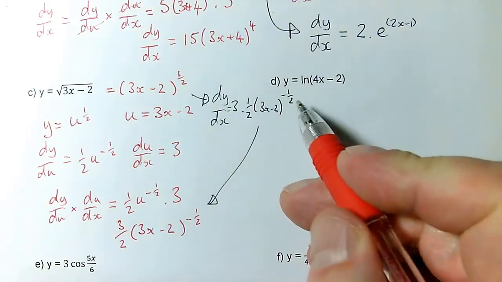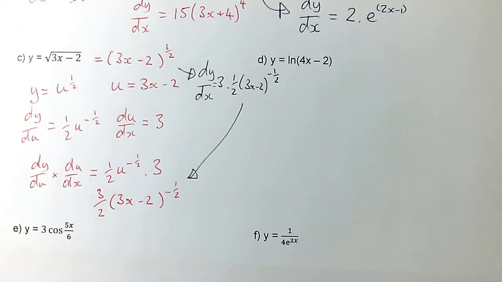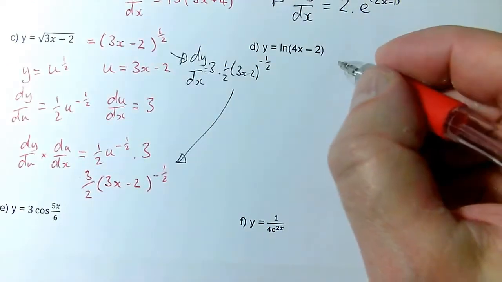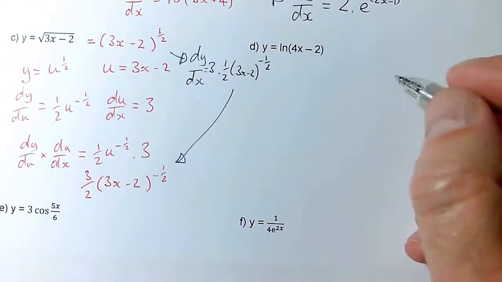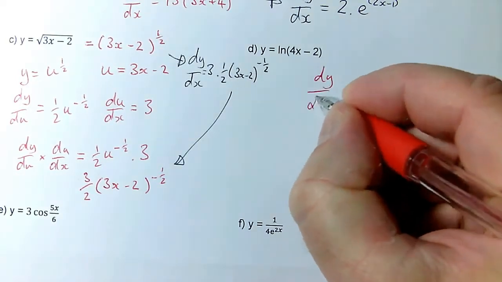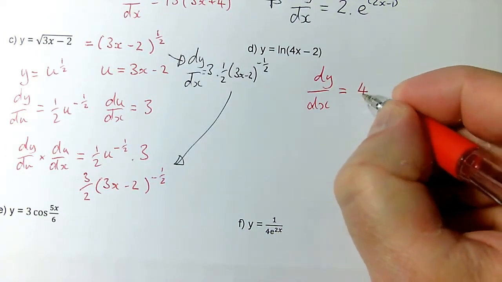Going on to part D. Now part D is a log, and I'm going to be wanting you to learn a special rule for dealing with logs, but let's, on this one occasion, just do it with the chain rule. I'm going to go straight to the quick version of the chain rule. So dy by dx equals, inside function 4x minus 2 differentiates to 4.